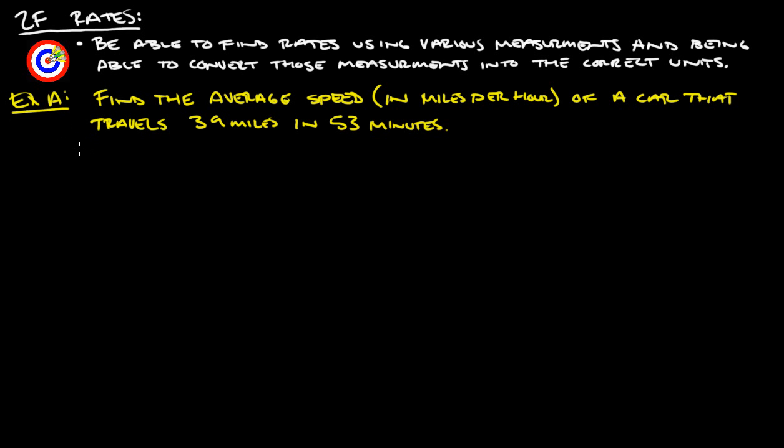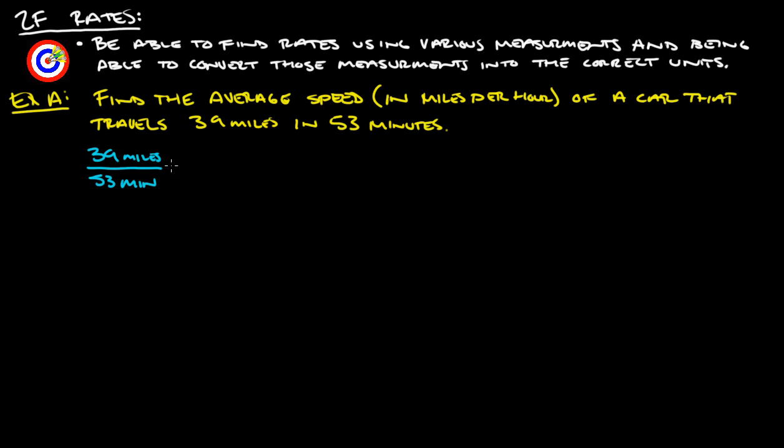The first way: they travel 39 miles in 53 minutes, so we write 39 miles per 53 minutes. The per basically means that's the fraction piece of our ratio.